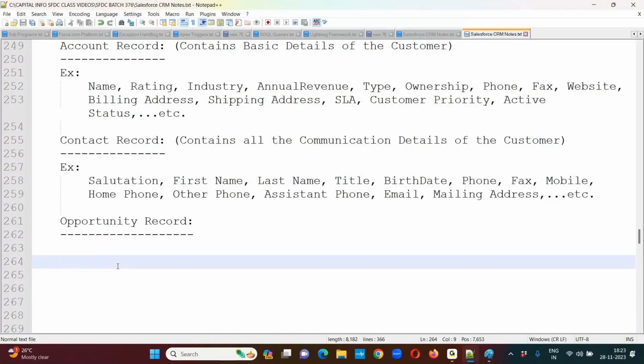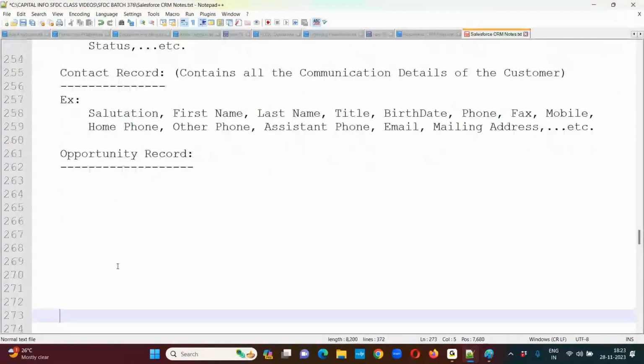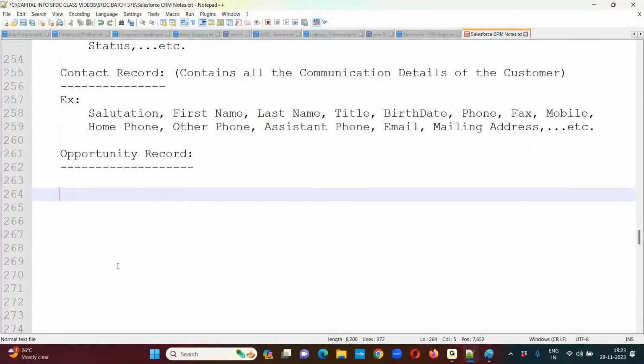Now, what do you mean by opportunity record? What does it contain? Maybe the turnover value, for example 100K, we're going to get business from that person. So maybe that amount or value will be there.